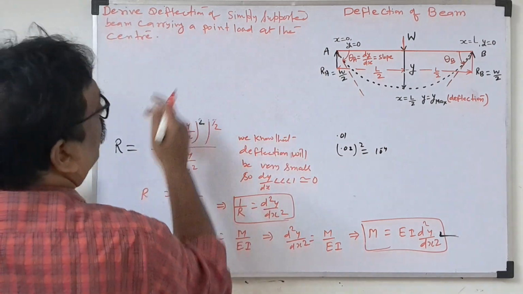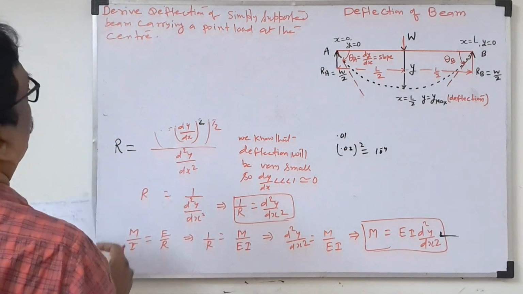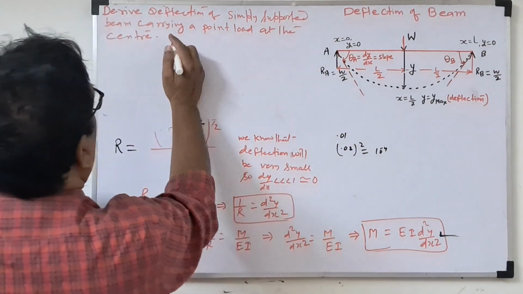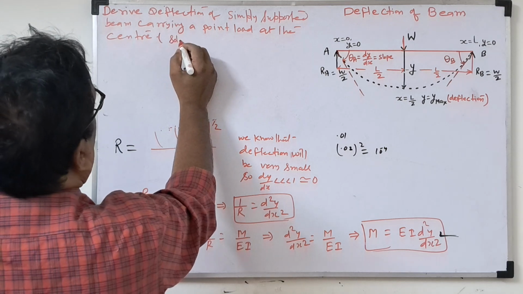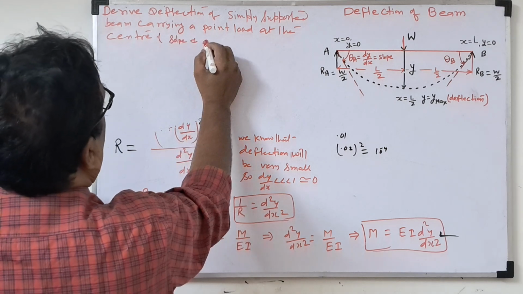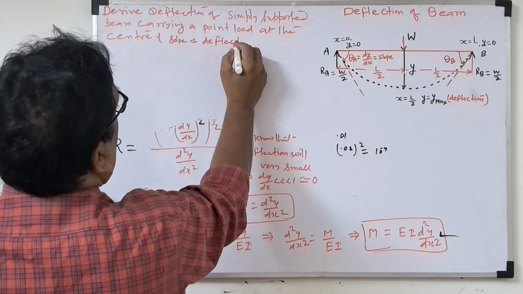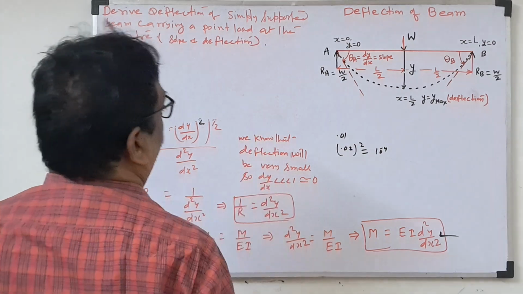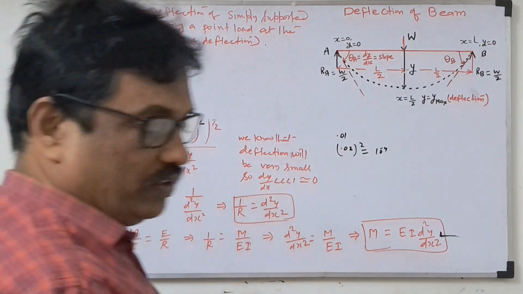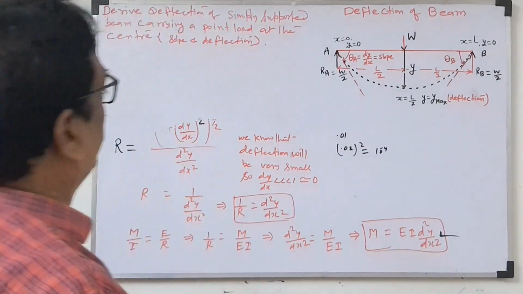Then what will be the slope and deflection? So to derive the deflection of the simply supported beam, that means we have to derive the slope and deflections of the beam. So now we are going to derive it here.